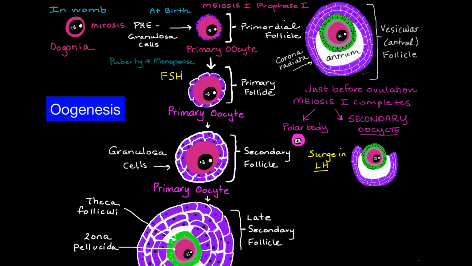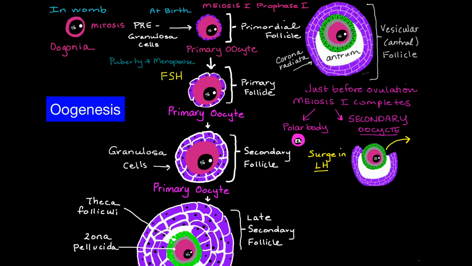Notice that when you're looking at a really large vesicular follicle that's getting ready to undergo ovulation, we refer to that oocyte as a secondary oocyte. In the image above, what we start with is 46. Right before ovulation, it changes from a primary oocyte to the secondary oocyte. And then as soon as we have this huge peak in LH, the secondary oocyte leaves. That's what triggers ovulation.